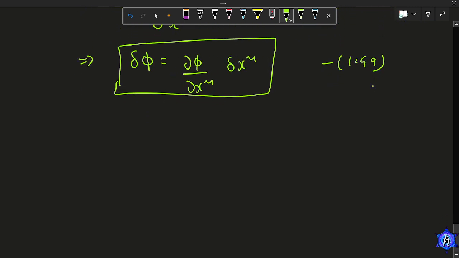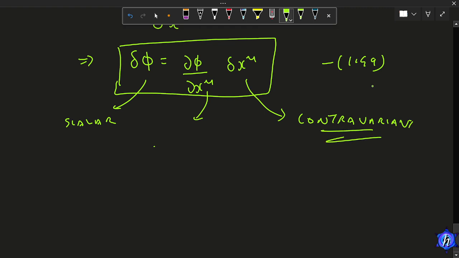Now, this particular quantity is scalar. If the left hand side is a scalar quantity, that means the right hand side should also be a scalar quantity. This we know is a contravariant 4 vector. So what this means is this must be a covariant vector.